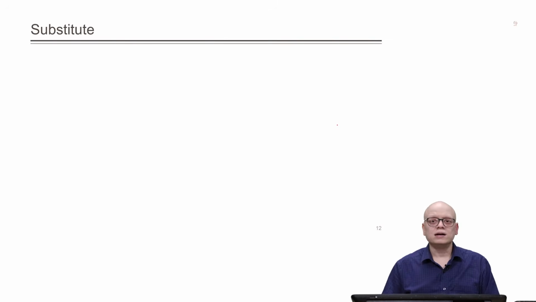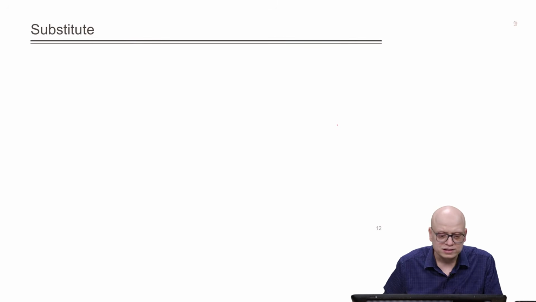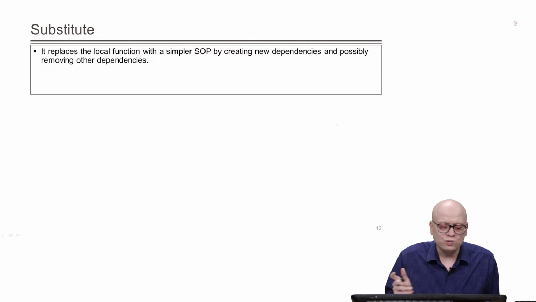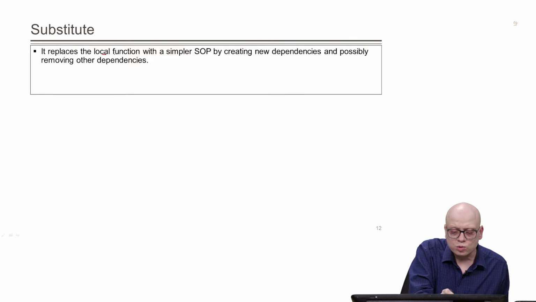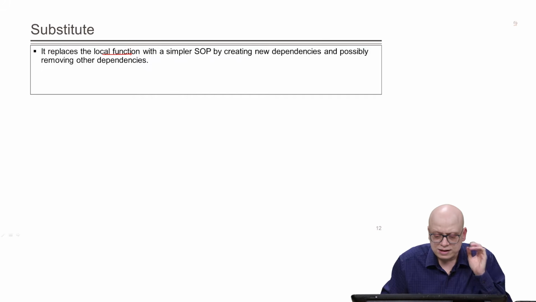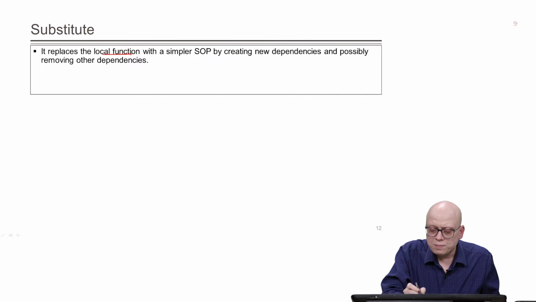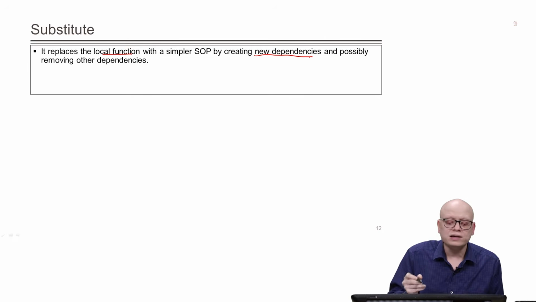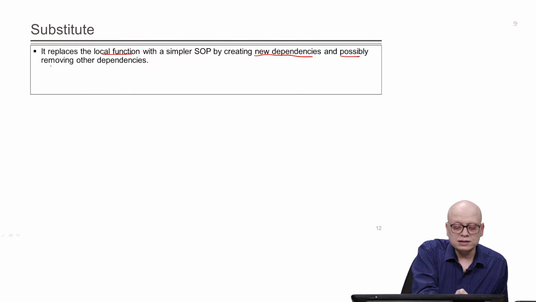Now let us look at another transformation, which is known as substitute. What does it do? It replaces the local function with a simpler SOP by creating new dependencies and possibly removing other dependencies.